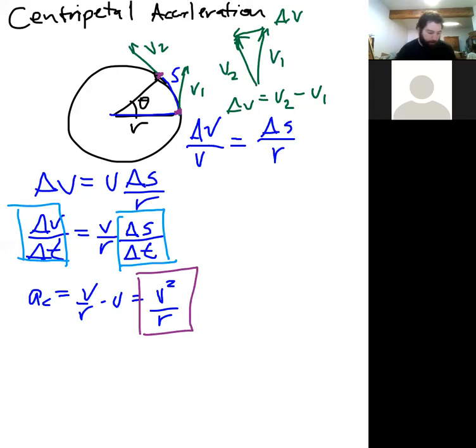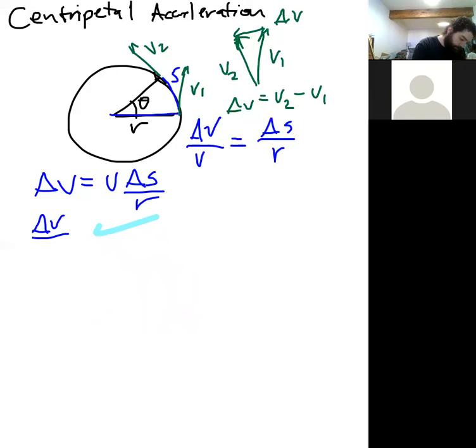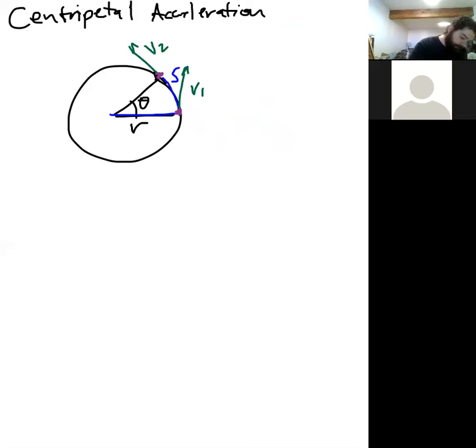So then from there, we just do the force. So force is just a mass times acceleration. So I'm going to erase this and do the force. And then we'll just do the force here.